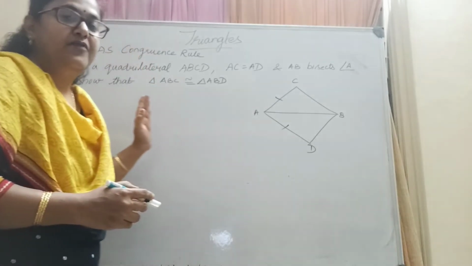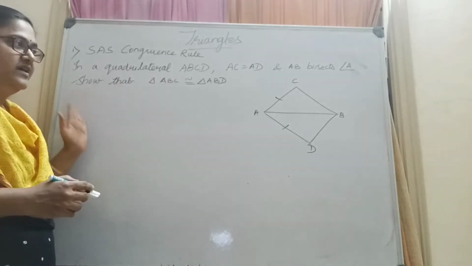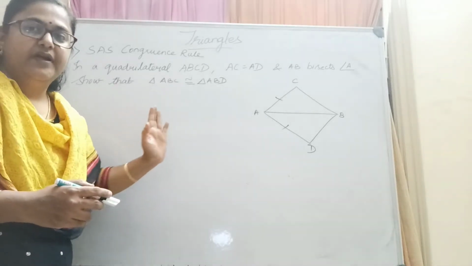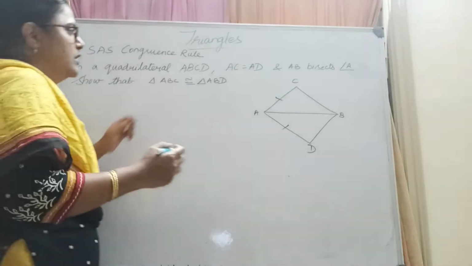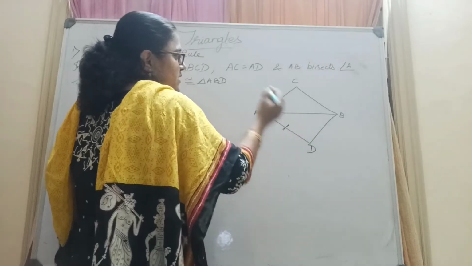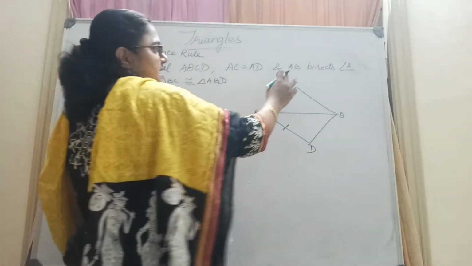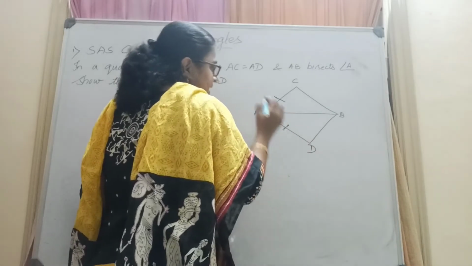If you depend only on the alphabets written in your given and to prove, it is going to be a little difficult. So now they have given AC is equal to AD, and they say that the line AB bisects angle A.